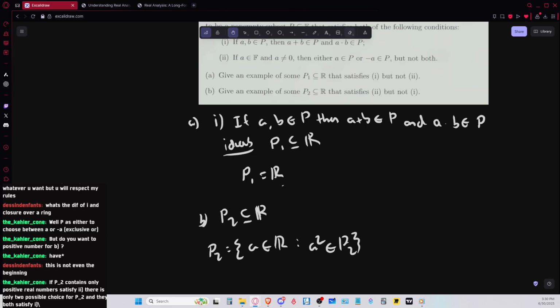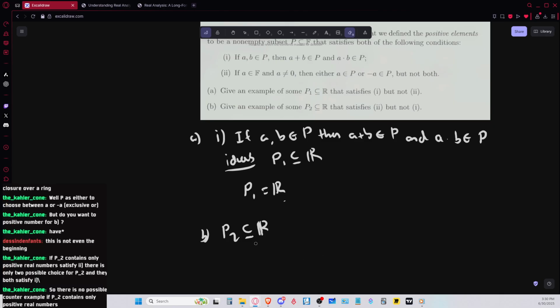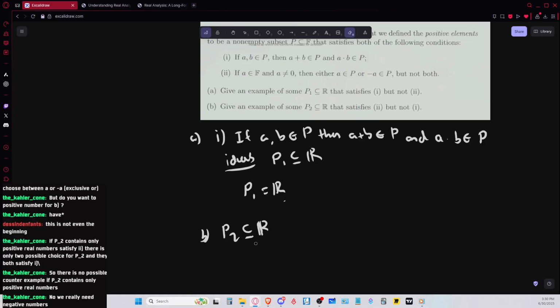So I'm guessing this idea is not great. Oops, I had to erase that. So there are no possible counterexamples if P2 contains only positive real numbers. No, we really need negative numbers.